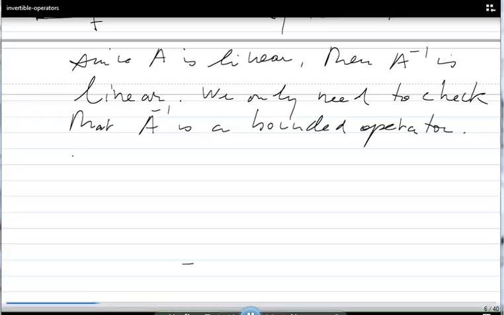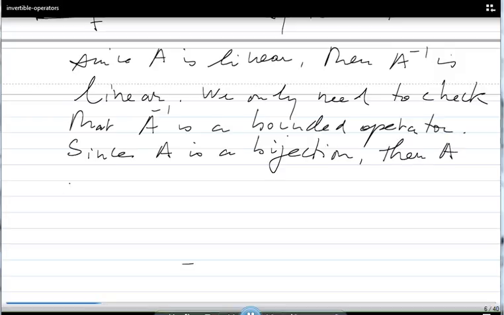Since A is a bijection, then A is surjective, because we need this assumption in the open mapping theorem.